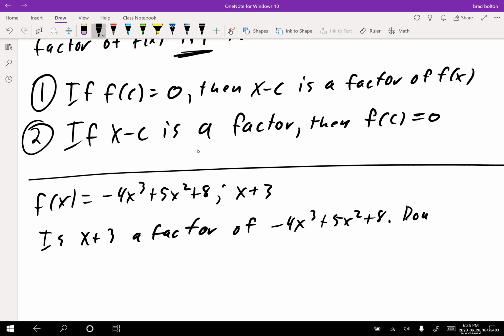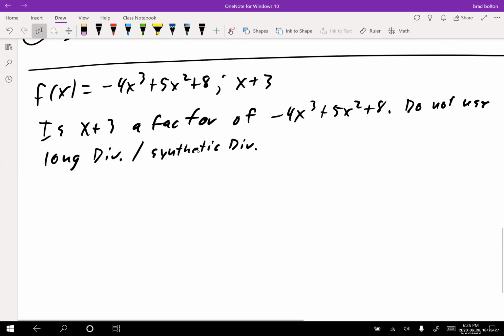Do not use long division or synthetic. Okay, so that means we can't use long division, we can't use synthetic.